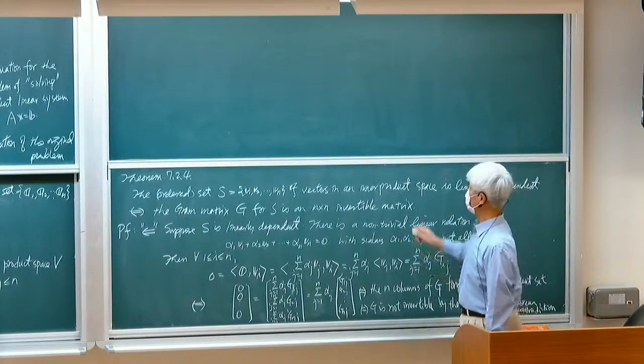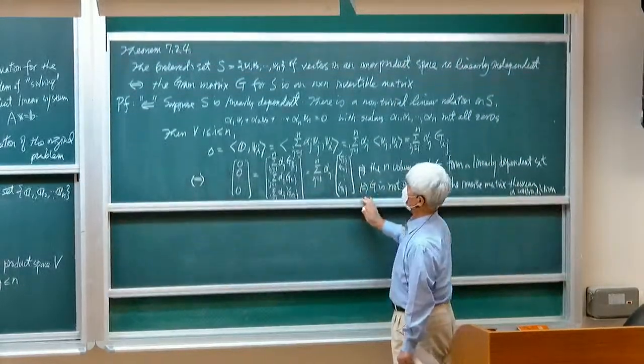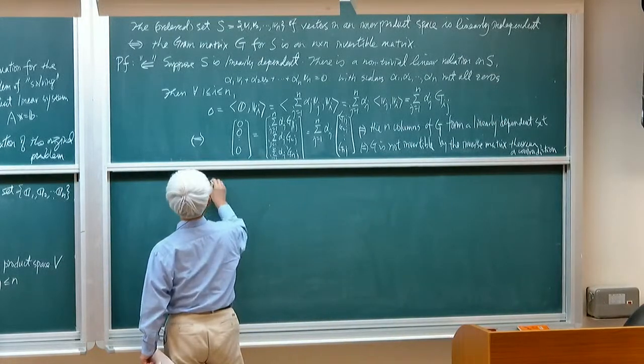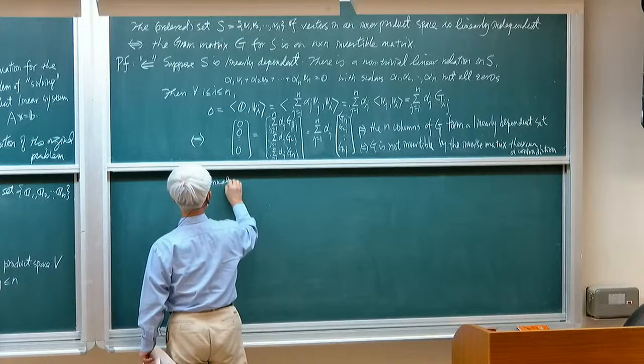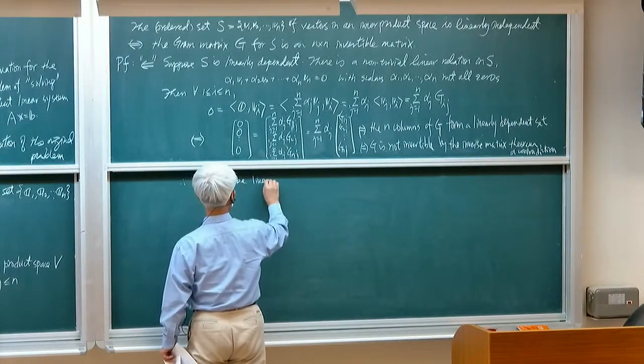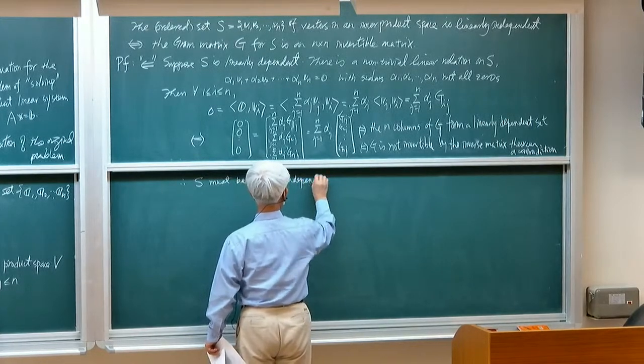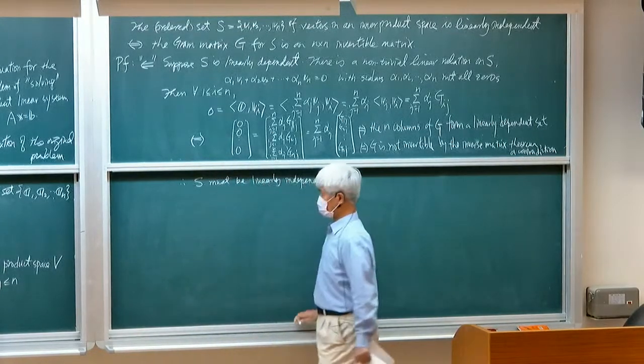Okay? So we get a contradiction. So X must be linearly independent. Okay? So this is our conclusion.